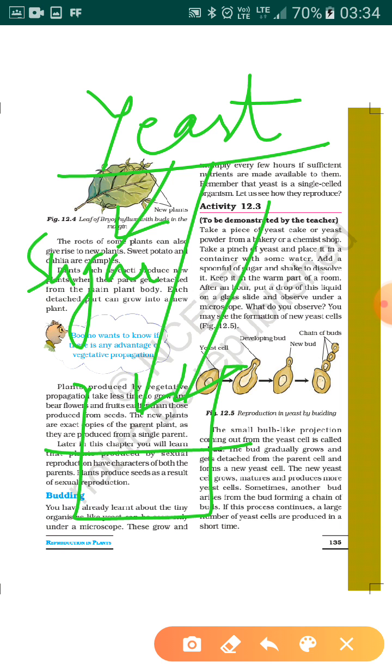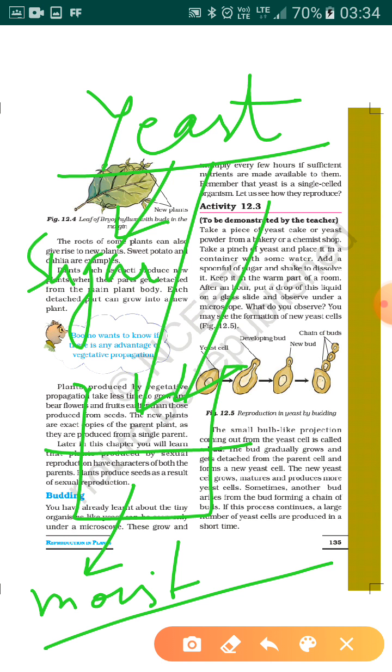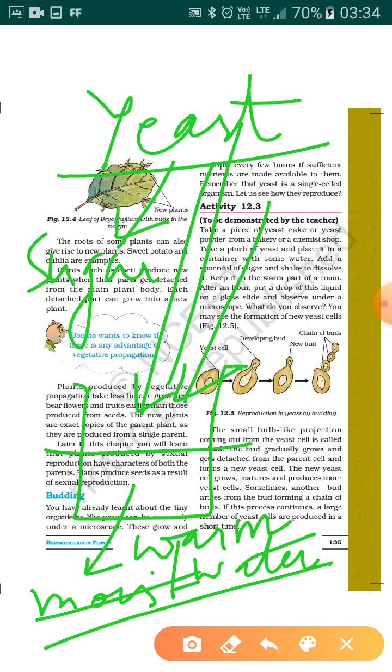Sugar will be the food for the yeast, and warm water is the favorable condition in which the yeast grow. They need warmth. So you need warm water where you have put the yeast and the sugar, they will grow here.